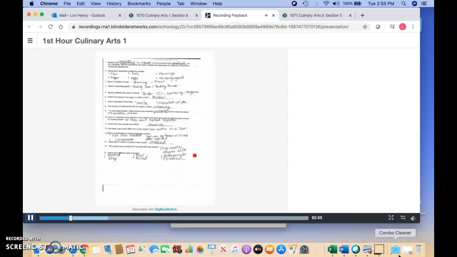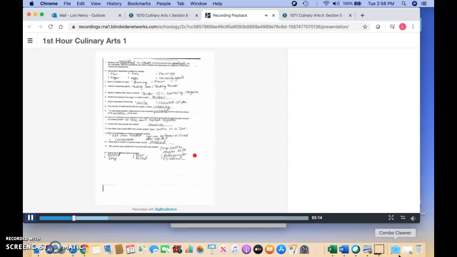Leavening agents, leavening means to rise. So baking soda and baking powder are the 2 that you'd use in cookies. You can't interchange them. So if the recipe calls for a teaspoon of baking soda and you don't have it at home, you can't go, well, baking powder will work.